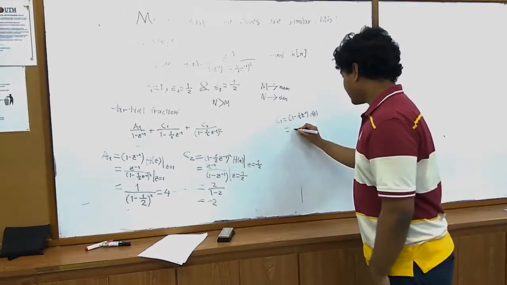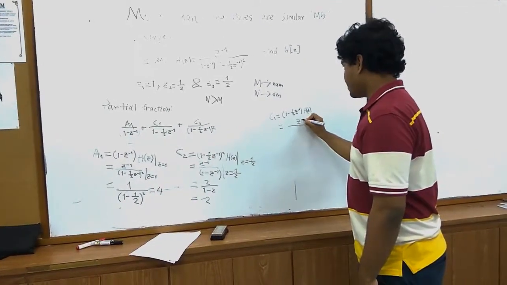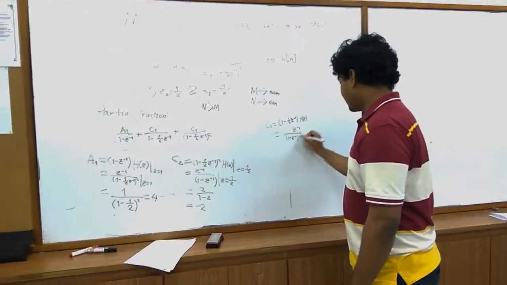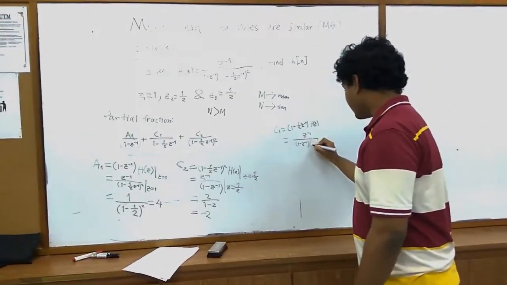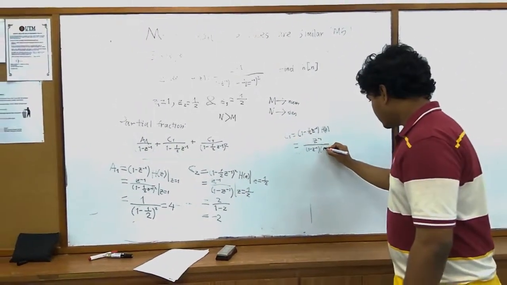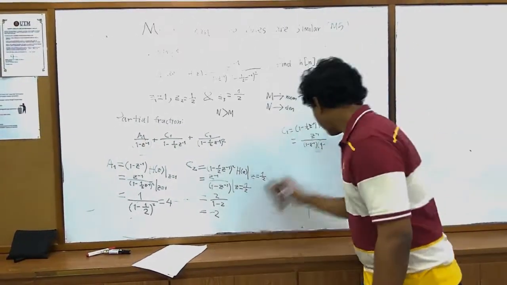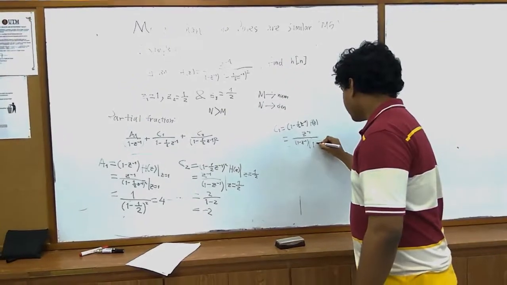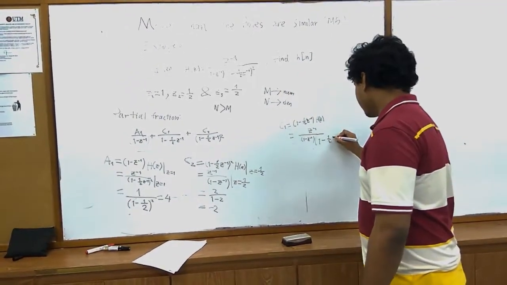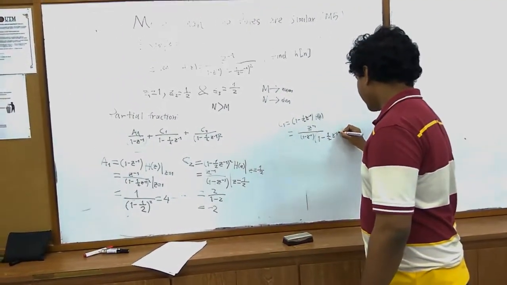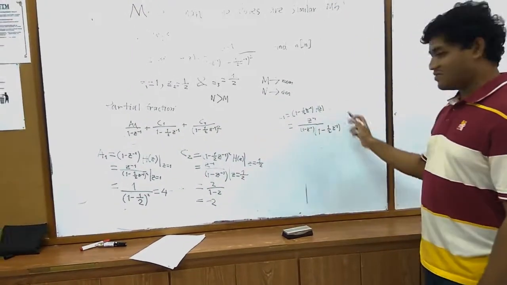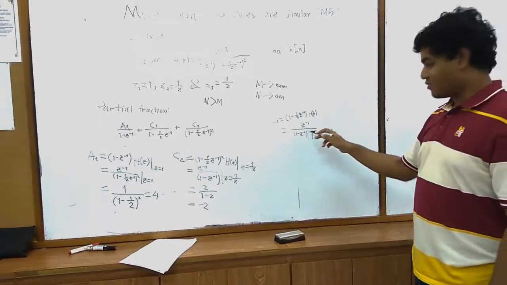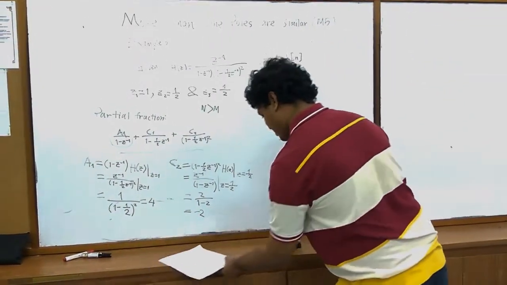We get 1 minus z to the power of minus 1, and then we still have 1 minus 1 over 2 z to the power of minus 1. So you cannot use this method because you have two poles, and you cannot solve it like that.